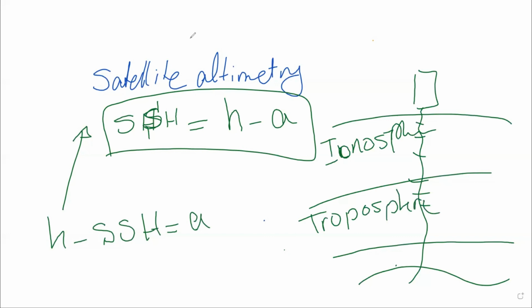And the troposphere has a dry component, and also a wet component. So water vapor is there, and usually these things also influence the signal.